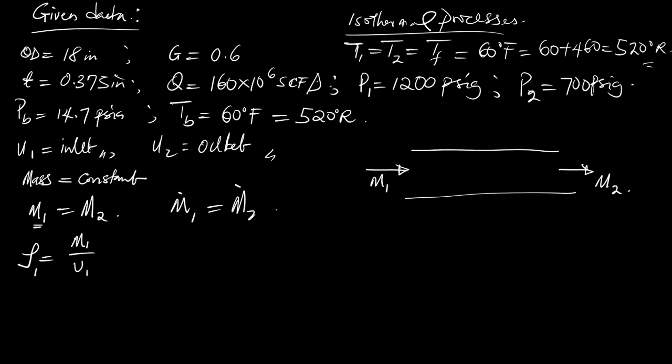Now, from this formula, mass M1 is the density times volume.